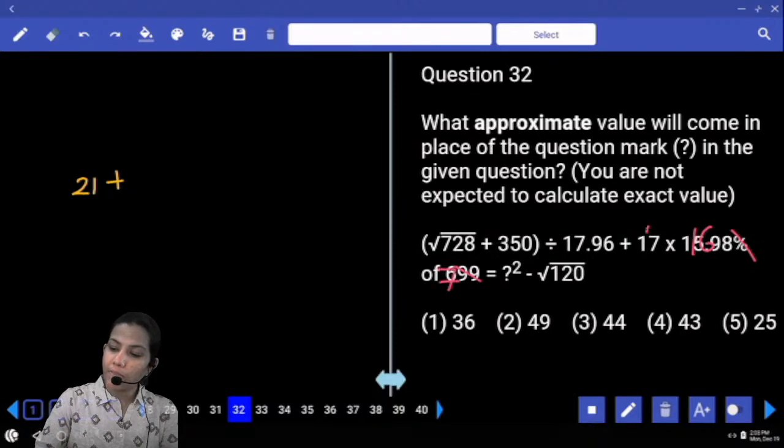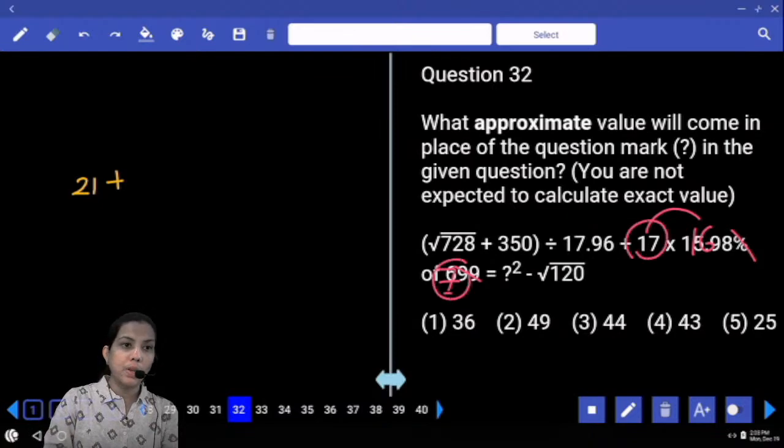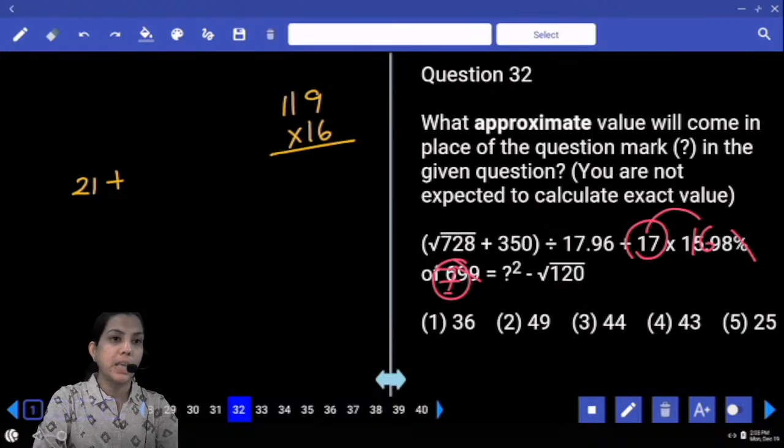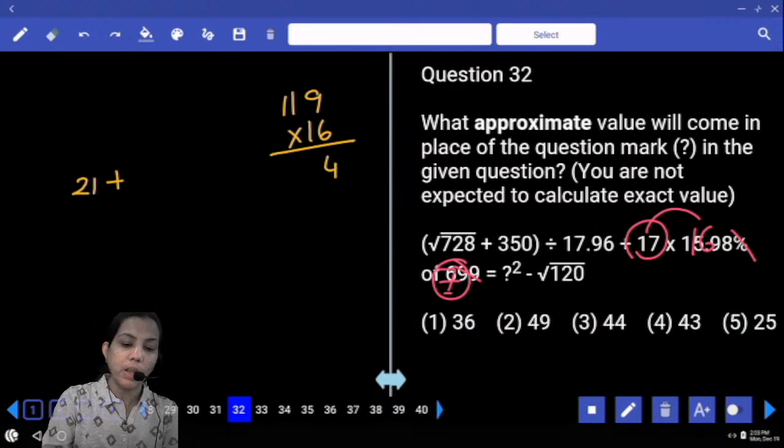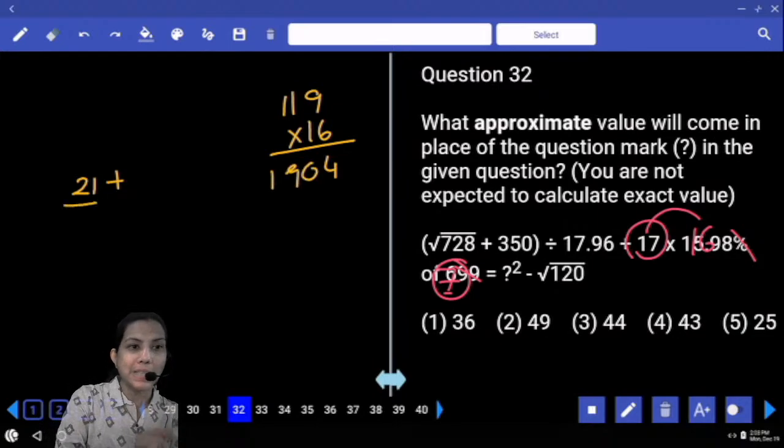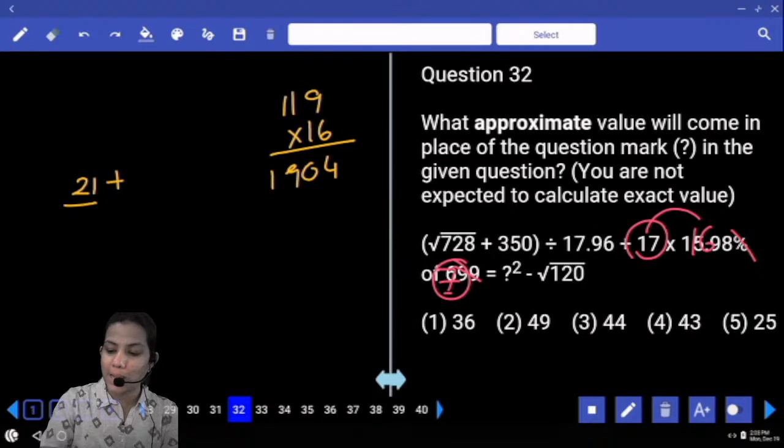So finally we have 17 into 16 into 7. 17 sevens are 119. 119 into 16: 16 nines are 144, and 16 ones are 16, plus 14 is 30, and it is 1904, plus 21.